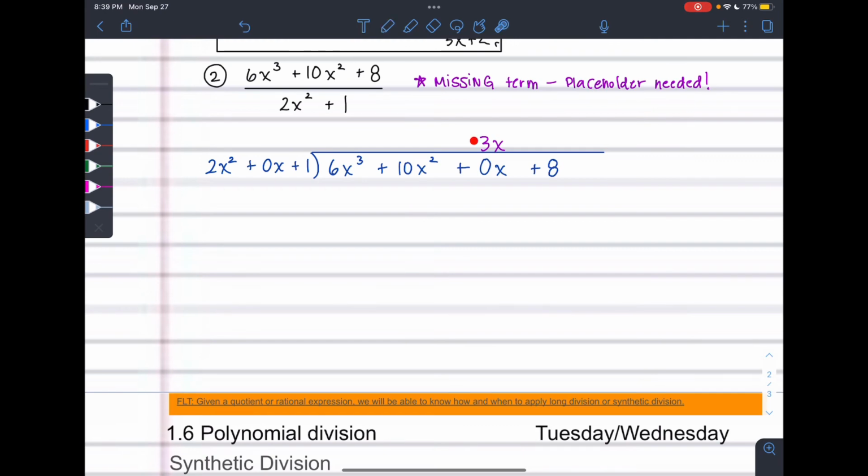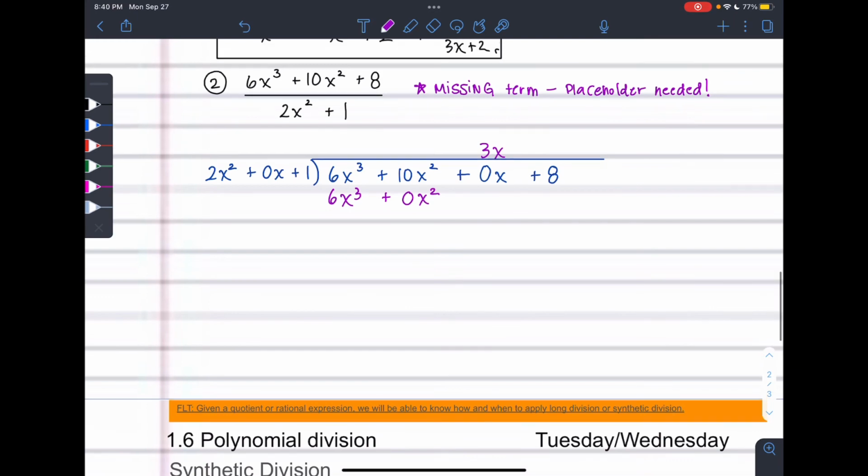Now we're going to take 3x and multiply it to every term in our divisor. 3x times 2x squared is 6x cubed. That's written underneath. 3x times 0x is just 0x squared. 3x times 1 is 3x.